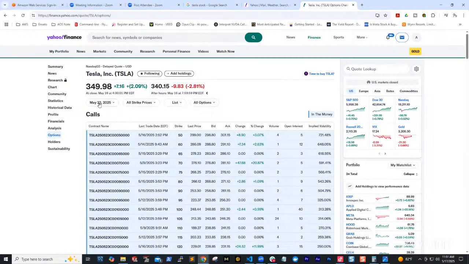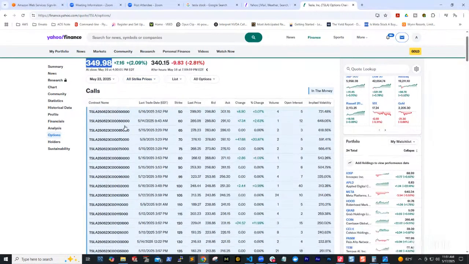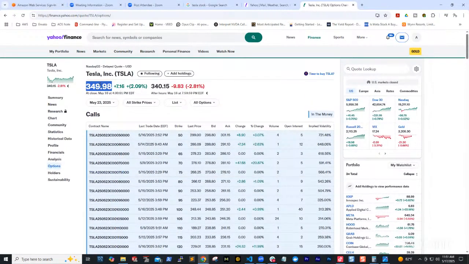Right now it is at 349. So whatever you are speculating that Tesla is going to go to, the way an option works is you can see the date here. This is May, and usually a contract goes one week.